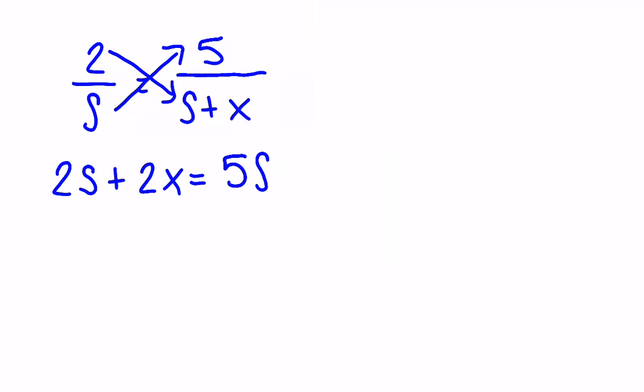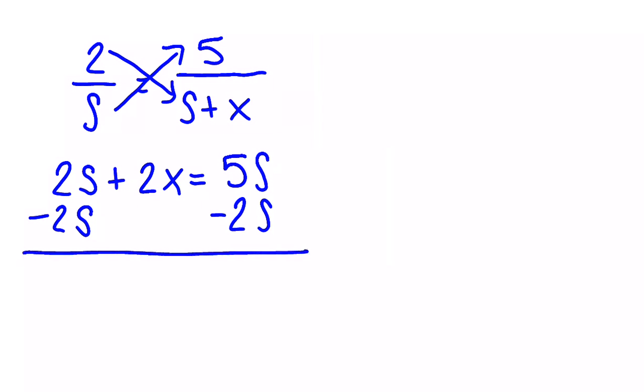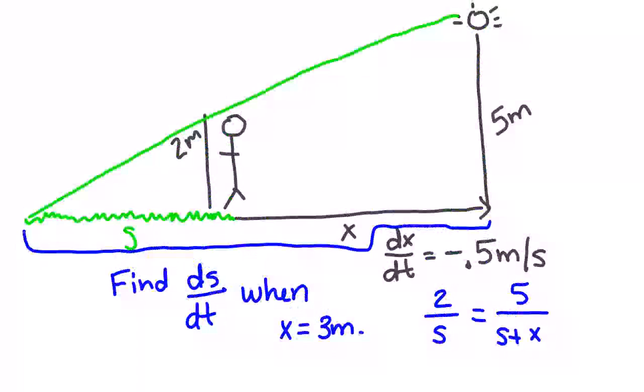Now I'm going to put all my S's together, and then I'm going to take myself a derivative and call it a day. So if I subtract 2S from both sides, I find that 2X is equal to 3S. Now on the previous screen, they already told us that dx dt is negative 0.5, so we're going to need that in a minute.